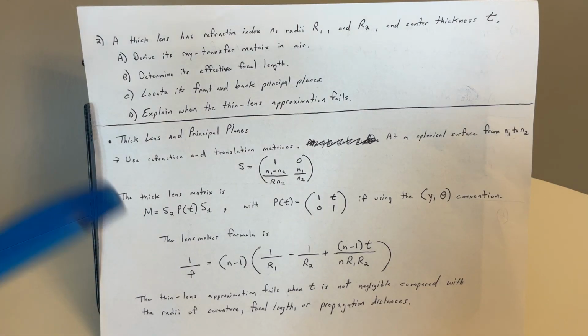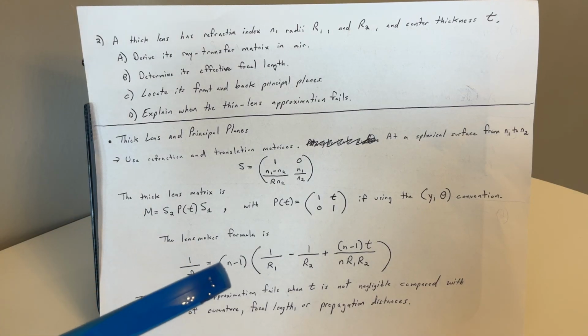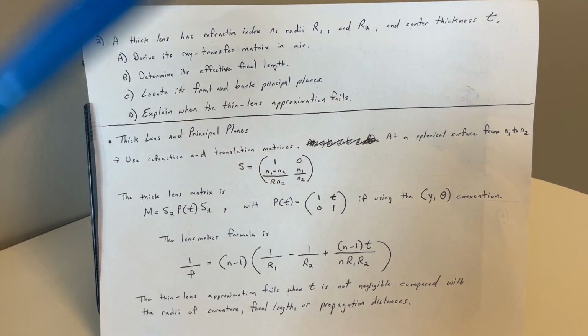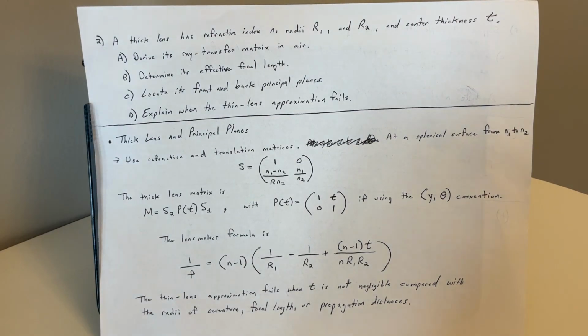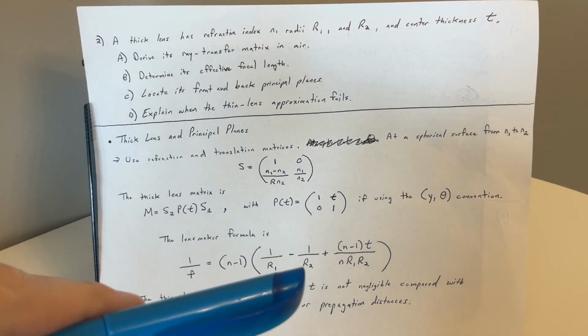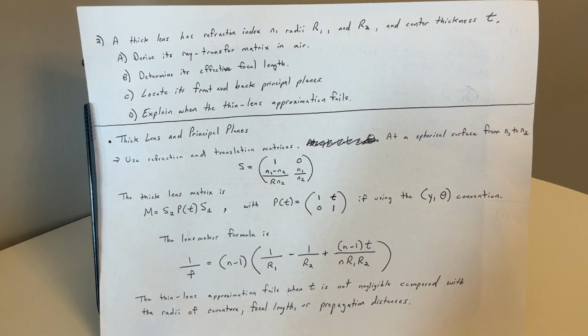And the lens maker formula: 1 over f equals (n minus 1) times the quantity (1 over R1 minus 1 over R2) plus (n minus 1) squared times t over (n R1 R2). We can say the thin lens approximation fails when t is not negligible compared with the radii of curvature, focal length, or propagation distances. Okay, so that's number two.